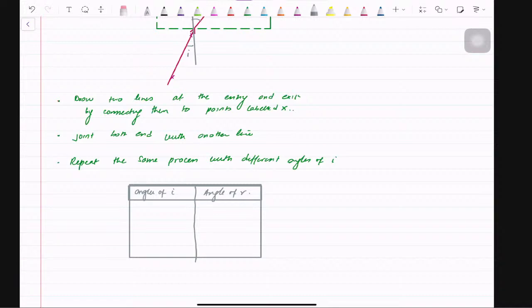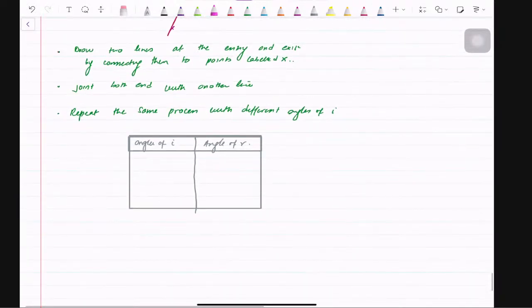What you should remember, at the end of this, there will be three conclusions. Obviously, you can use n1 sine theta 1 equals n2 sine theta 2 to find refractive index, right? And because you're doing it in air, so air n is always 1, so it will give you the refractive index of the glass, measured with a protractor.